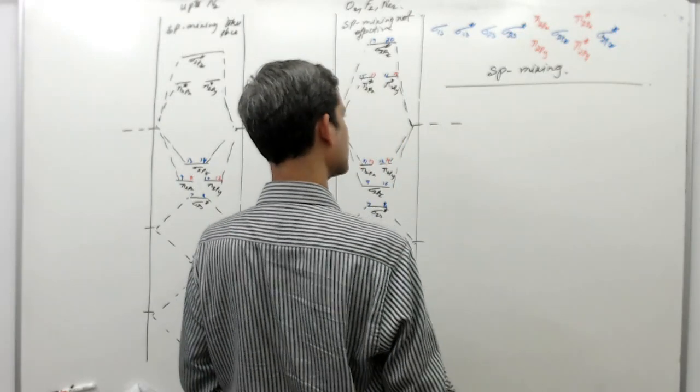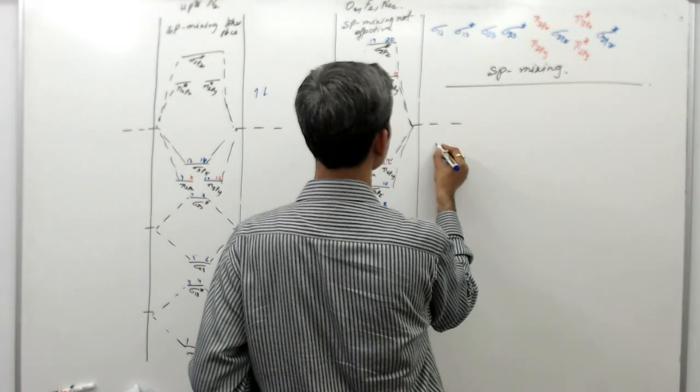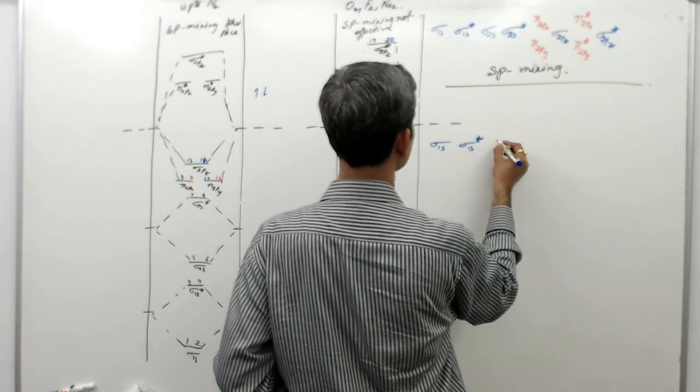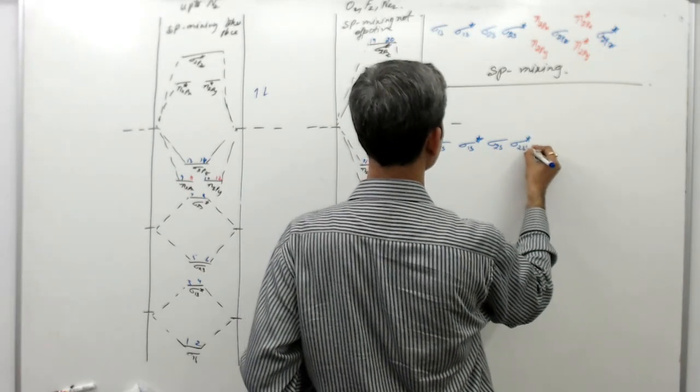When sp mixing does not take place, the order is going to be sigma 1s, sigma star 1s, sigma 2s, sigma star 2s.